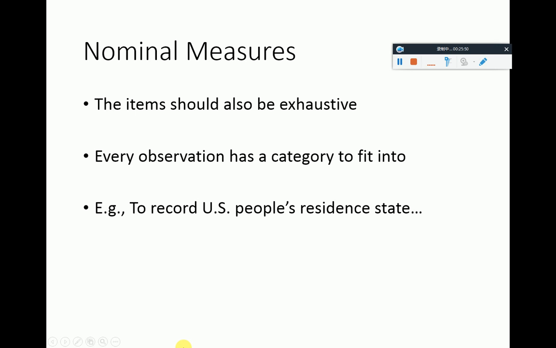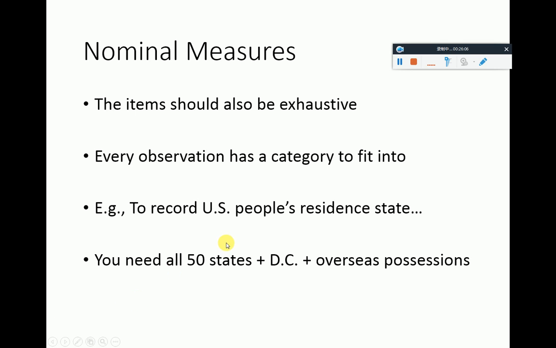So, for example, if you're going to conduct a survey and you would like to know where people live, then the options you should provide should include all 50 states, right? Not the 48 contiguous states, the mainland states, but also Alaska and Hawaii.